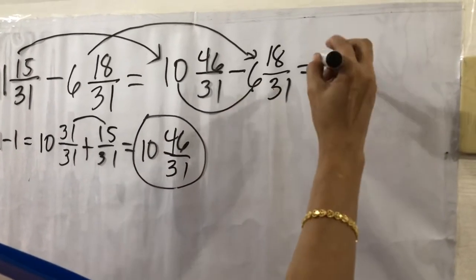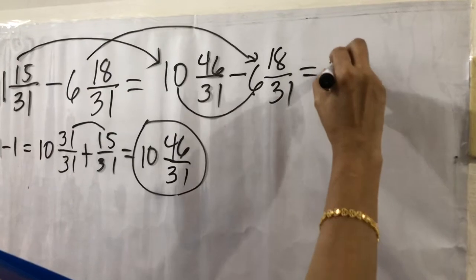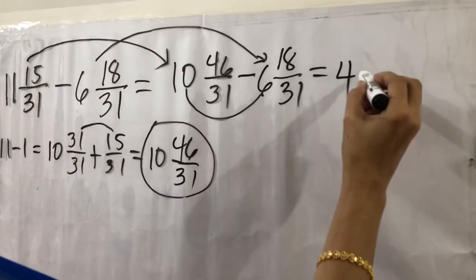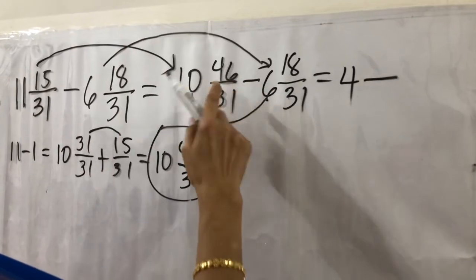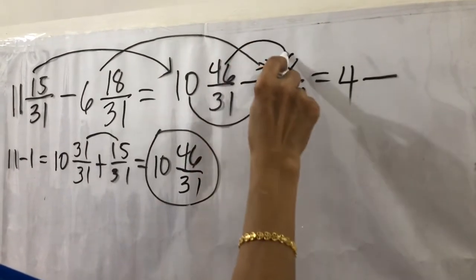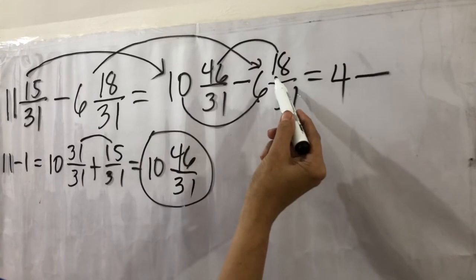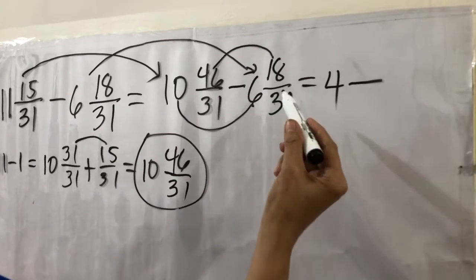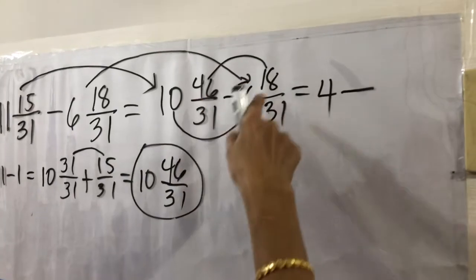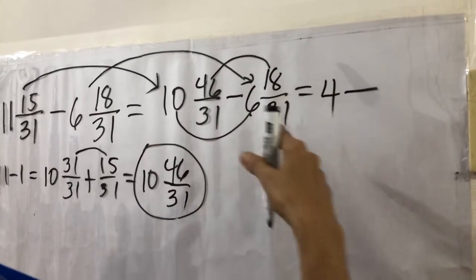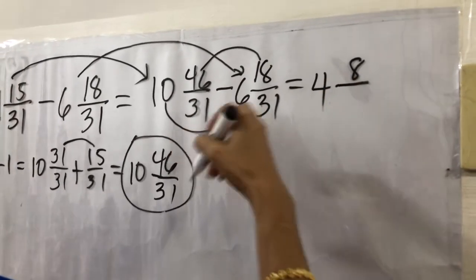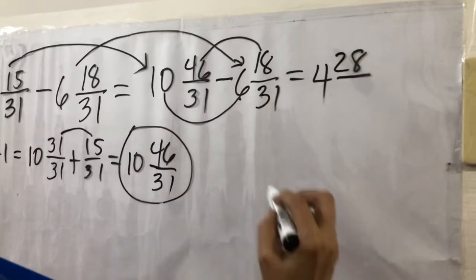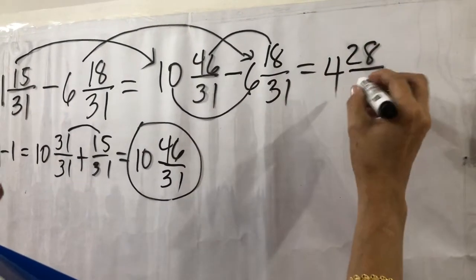The answer is we have 4. The next to subtract are the fractions. So 46 minus 18. And then you copy the denominator as is.